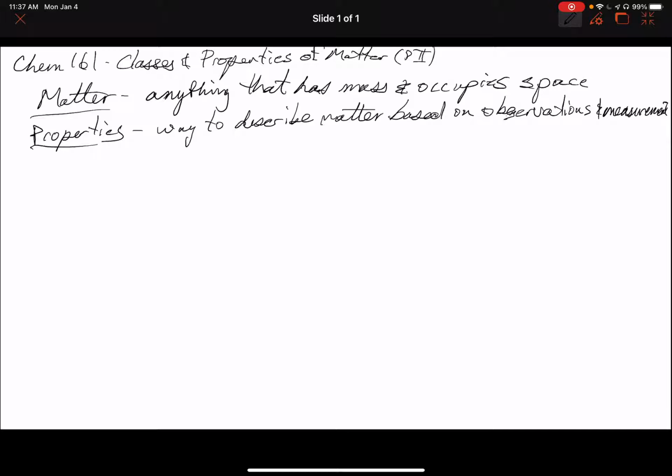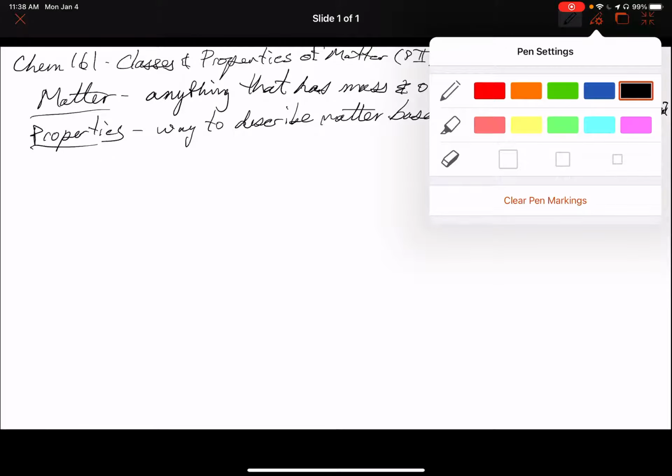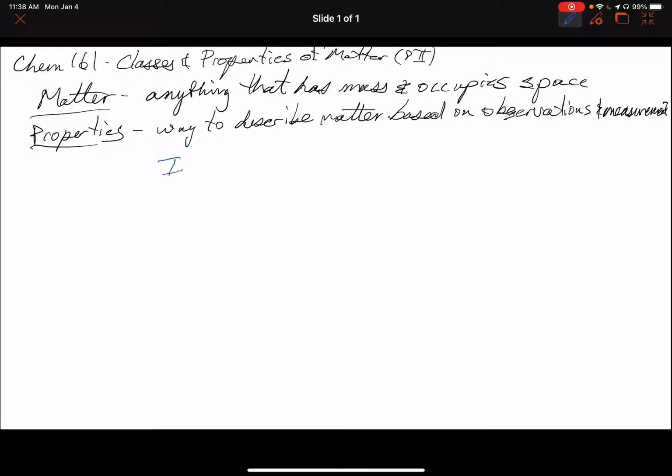Very good. So these properties can be further divided into two different types. The first is called an intensive property, and an intensive property is a property that's independent of the amount of substance that's present.